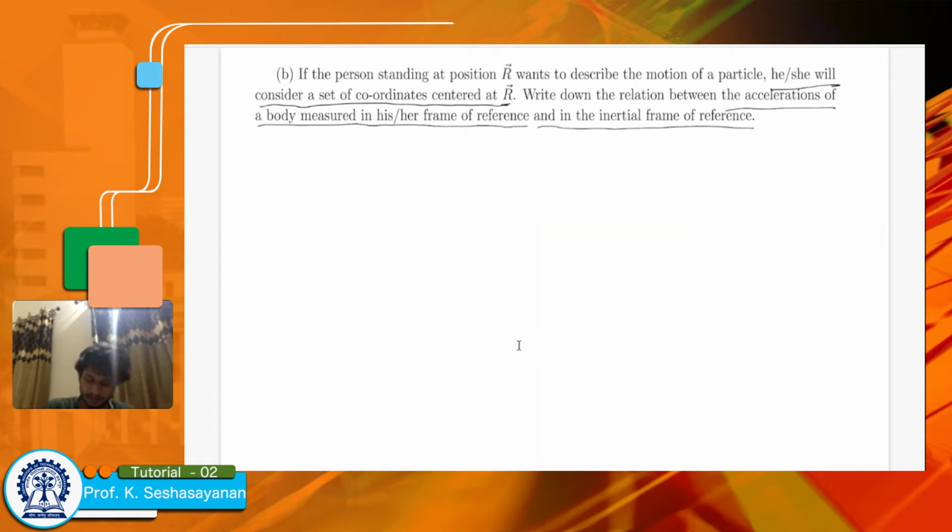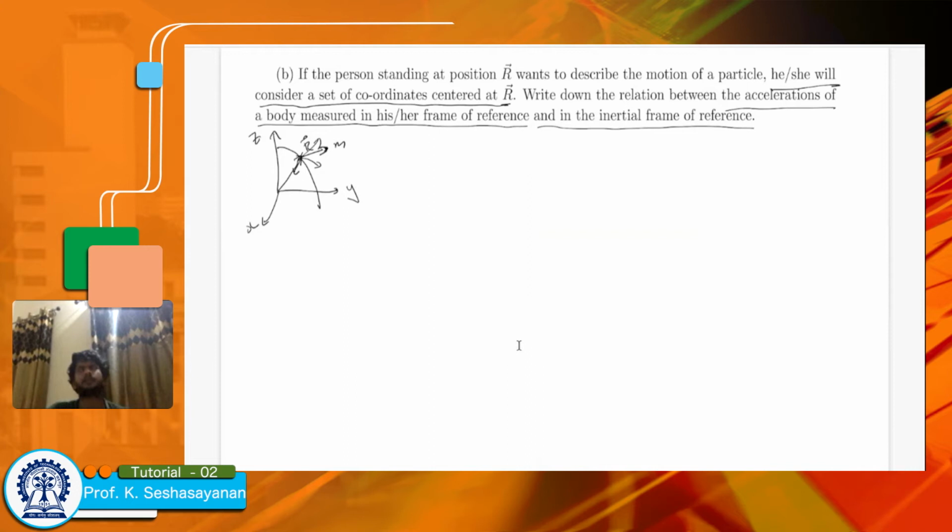So here the problem is that we have a person who's standing at a position R, and the problem is the description of a mass m, which this observer is observing from a coordinate system which is centered around him.